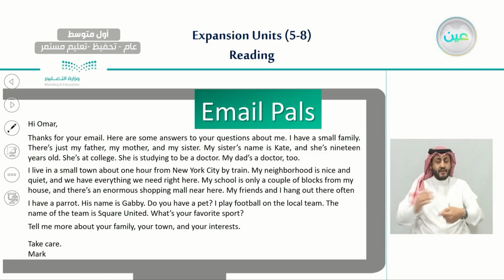My dad's a doctor too. I live in a small town about 1 hour from New York City by train. My neighborhood is nice and quiet, and we have everything we need right here. My school is only a couple of blocks from my house, and there is an enormous shopping mall near here. My friends and I hang out there often.